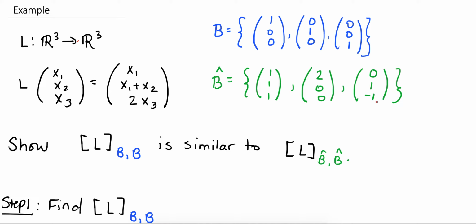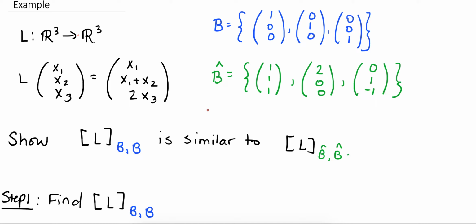Now, to show that this is a basis, you would have to show that they span and that they're linearly independent. However, we know the dimension of R3 is 3, so we really only have to show one of those. Either it's linearly independent or it spans. It's easier to show it's linearly independent, and you can do that if you'd like. Okay, but I'm not going to show that. I'm just assuming that at this moment.